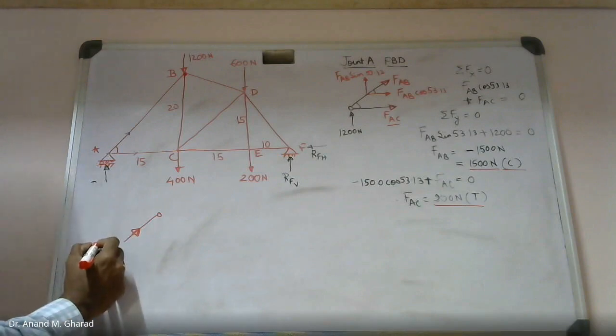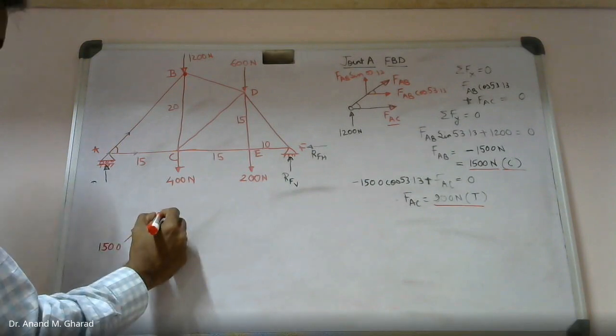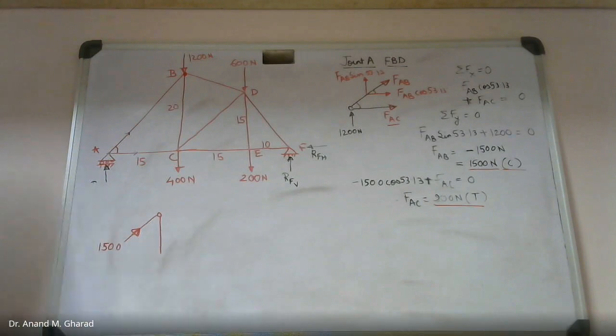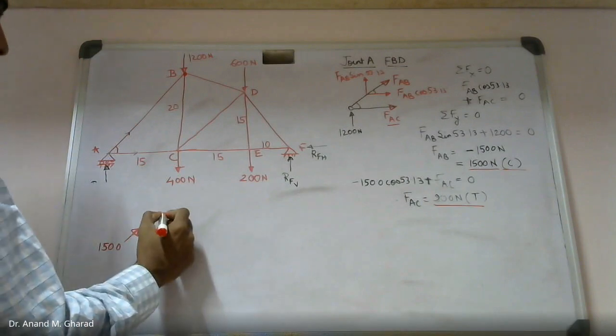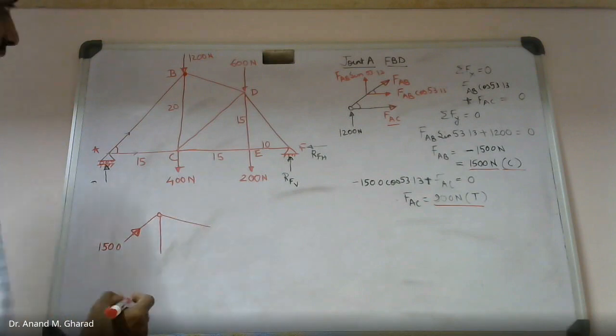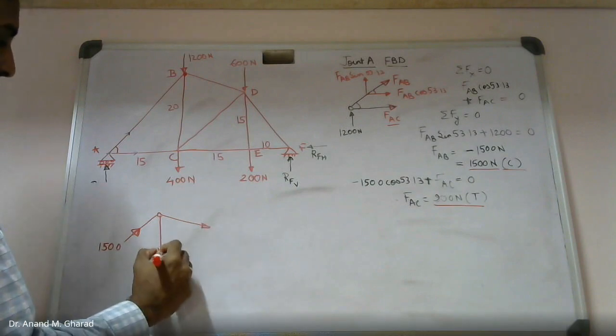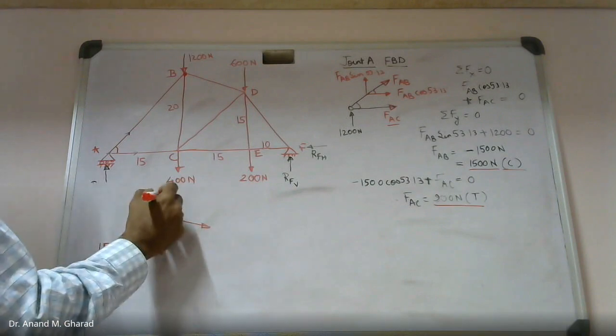Force in member AB was 1500 Newton. Then this member BC is perpendicular. Member BD is inclined, and let me assume this to be tension, and over here again tension. This is my initial assumption.